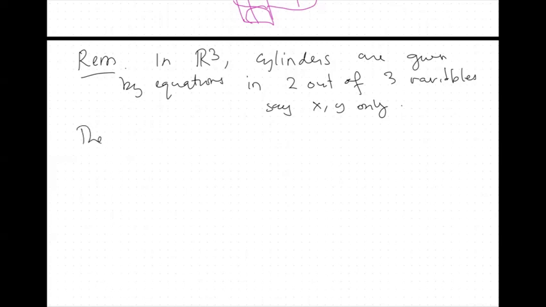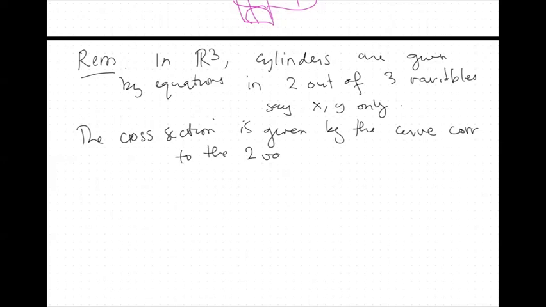And then the cross section is given by the curve corresponding to the 2 variables. And then the generator is parallel to the third variable.